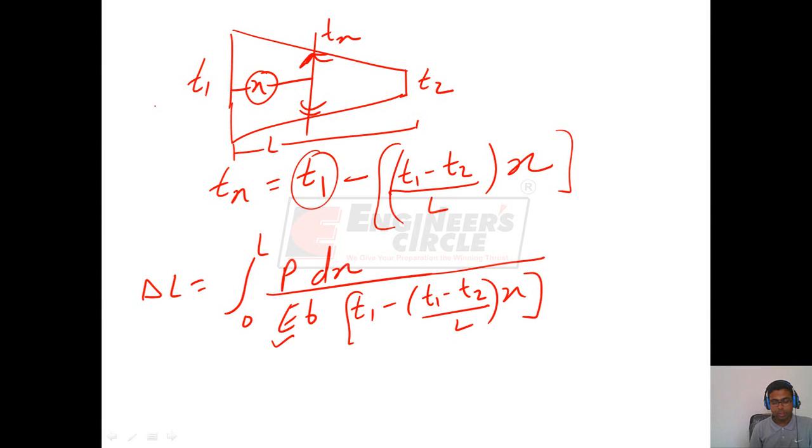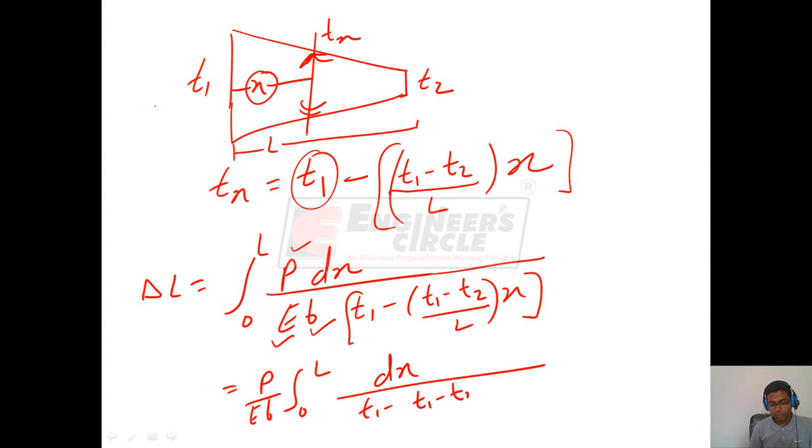Now since E is constant, B is also constant and P is a constant value, taking them out we can get elongation as integration 0 to L P by E B, integration dx over (T1 minus (T1 minus T2) by L into x).